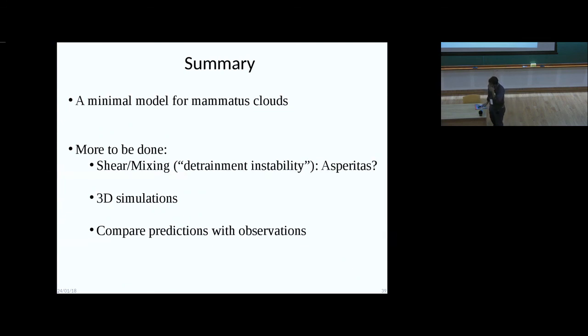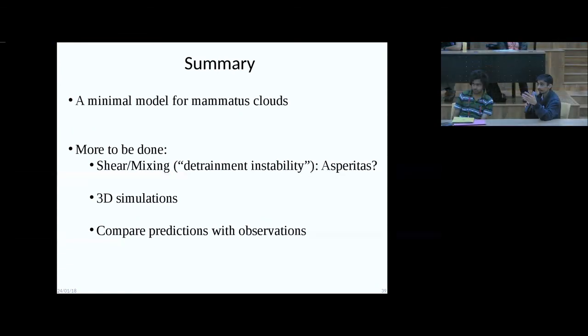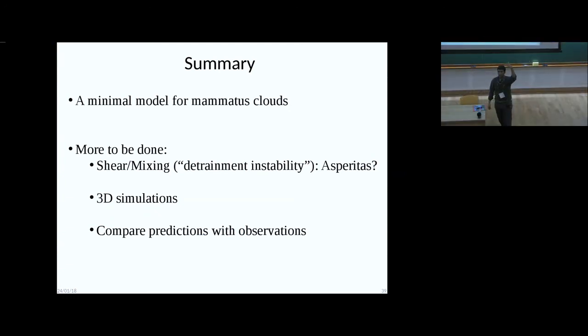Do you see these mammatus structures below the anvil of the cumulonimbus alone, or also stratocumulus clouds maybe? Good question. The same thing kind of happens on the top, under the topmost layer of a stratocumulus cloud.